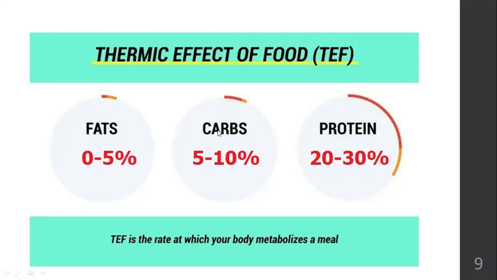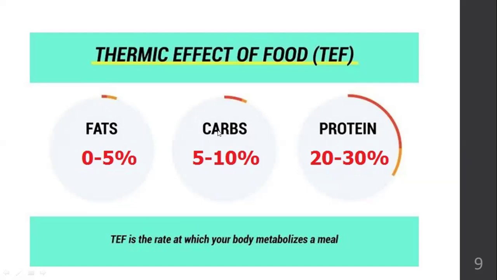For example, if you have 500 kilocalories from eating protein, 20% will be used for all these processes. At least 100 kilocalories from that 500 kilocalories that you got from protein will be used up for just the thermic effect of that protein.